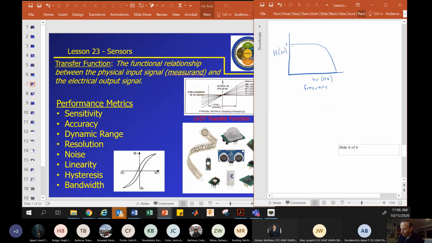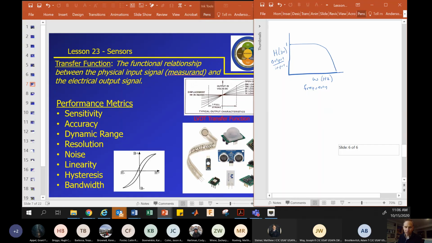So when frequencies are low, the output matches the input, meaning that there's a gain of only 1. When frequencies get high, the output, so what's H(j omega)? You guys remember that? That's output over input.